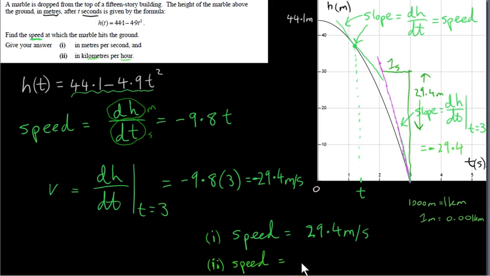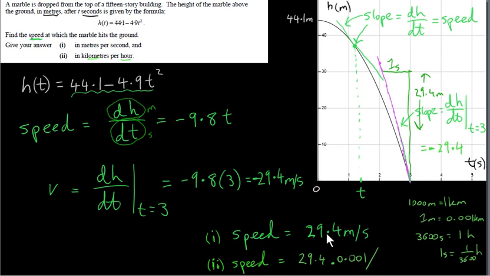So 29.4 meters would be 29.4 multiplied by 0.001. And we need to convert seconds to hours. Well, we know that there are 60 seconds in a minute, 60 minutes in an hour. There are 3,600 seconds in 1 hour. So 1 second is 1 over 3,600 of an hour.